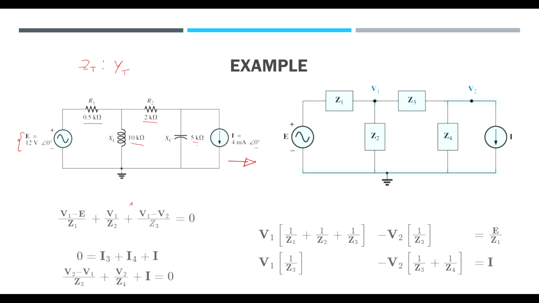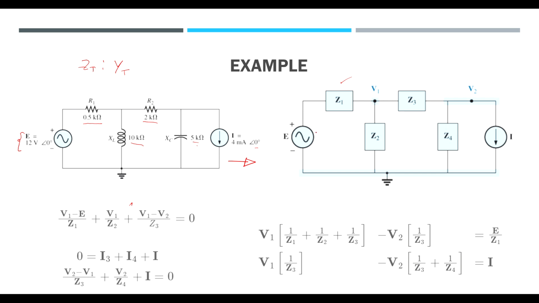So if you were to find the reactance and the impedances of this particular circuit, you cannot combine things in parallel and series because it's a ladder network. Therefore, what you can do is find the impedance of each element, which we can do by converting the reactance into the impedance. We know that the impedance of the resistor is going to be the value of the resistance. Since the inductor is not connected to anything else, the impedance is going to be the value of the reactance, and so on.